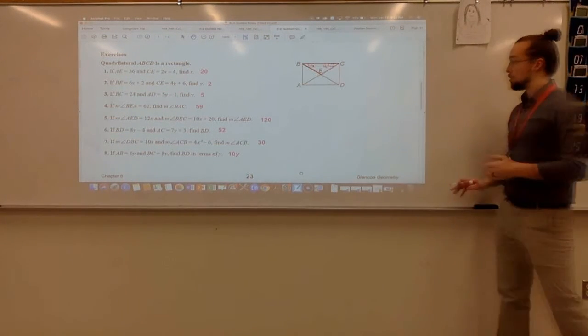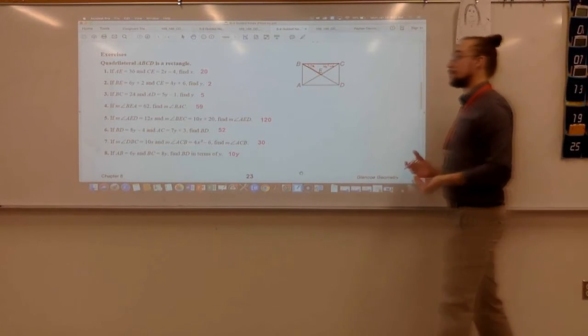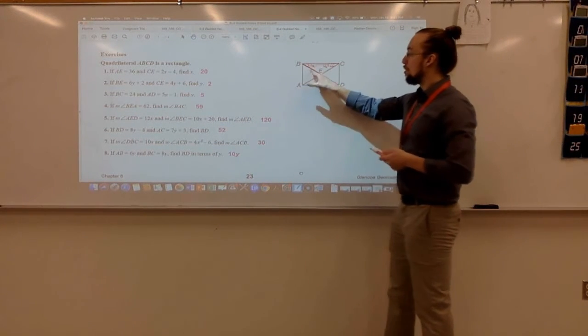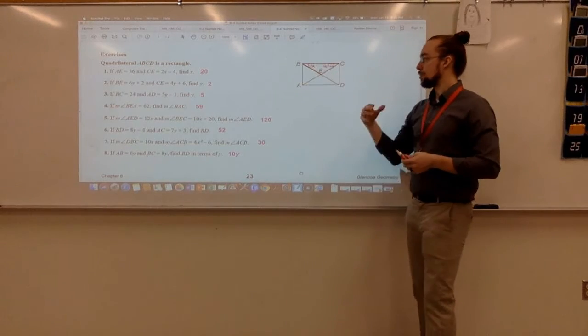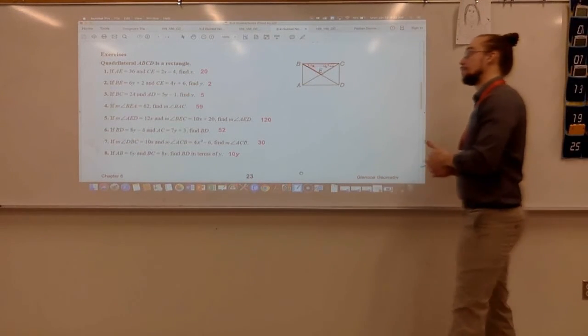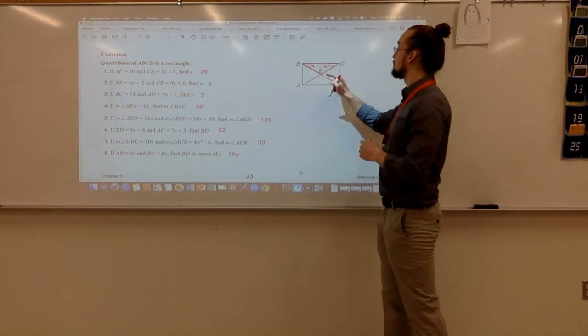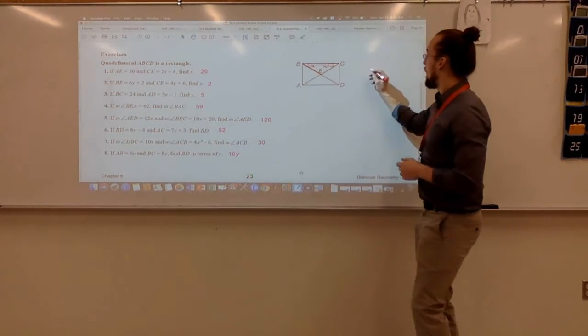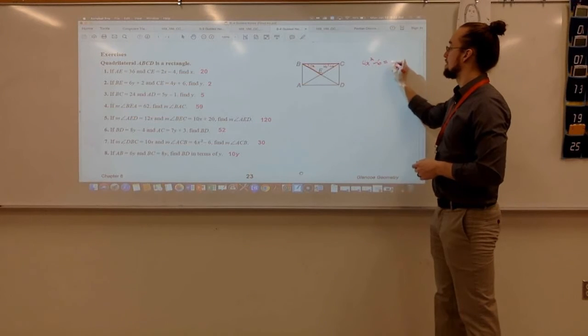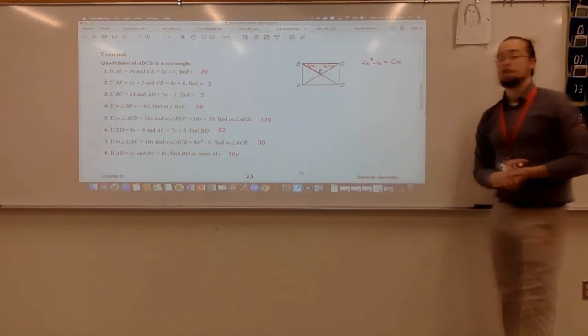The first thing we have to look at is these two angles are going to be congruent. In rectangles, all 4 of these triangles created by the diagonals will be isosceles, because we know the diagonals are both bisected and congruent. So that tells me these two angles will be equal to each other. So I can say 4x squared minus 6 equals 10x.